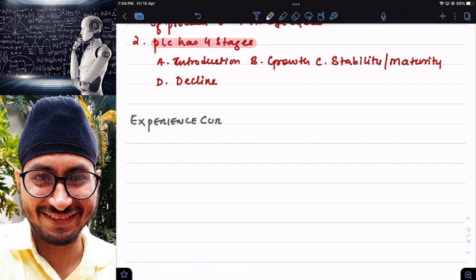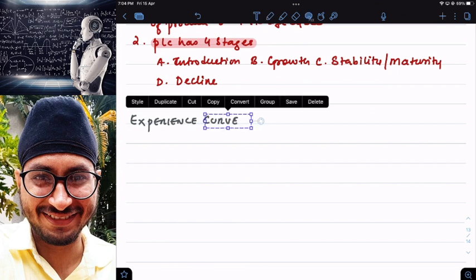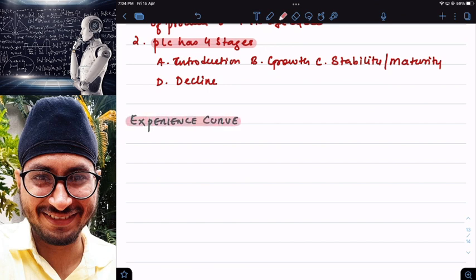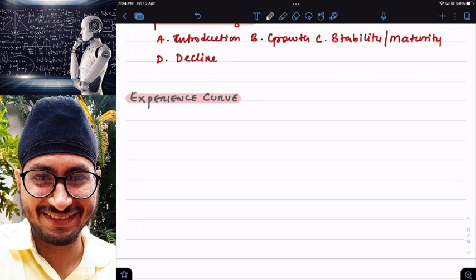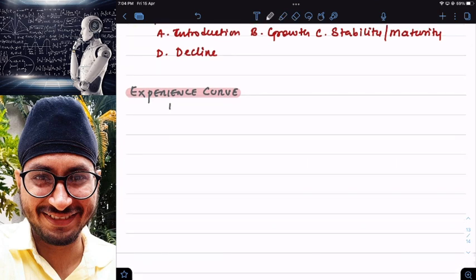According to the experience curve theory, average cost per unit decreases as business accumulates experience in terms of volume of production.